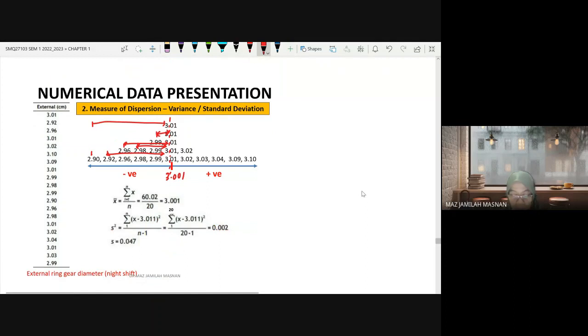So the variance will be s squared. The way we calculate it will be 2.9 minus 3.001 squared, plus the second value, 2.92 minus 3.001 squared, plus, until the last value, you will get here 3.10 minus 3.001 squared.